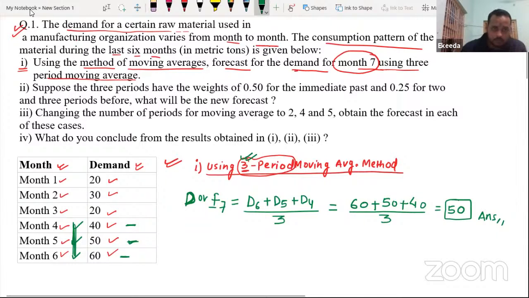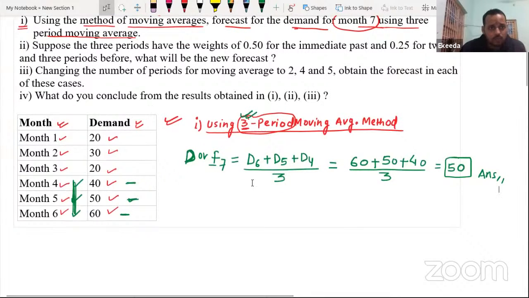For the second one, they are saying suppose the 3 periods have the weights of 0.5 for the immediate past and 0.25 for the 2 and 3 periods before, what will be the new forecast?